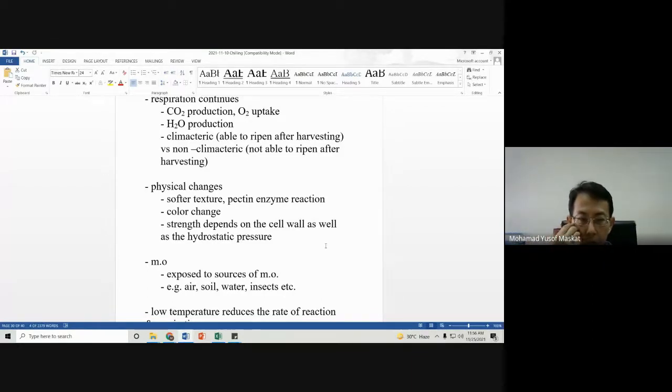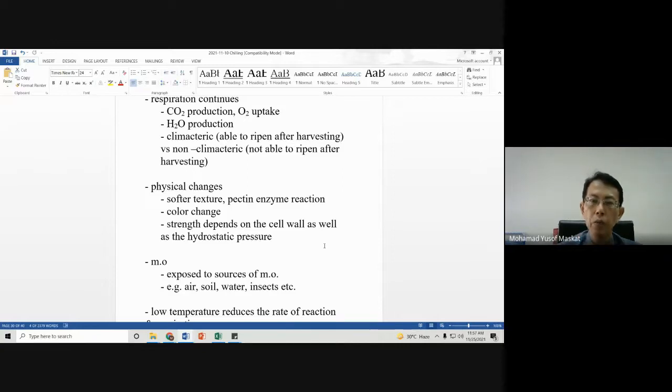So these are the physical changes that happen during post-harvest, especially for climacteric fruits, because they are able to ripen after harvesting. For the texture, previously it contained a lot of pectin. Pectin contributes to the hardness or the toughness of the structure.